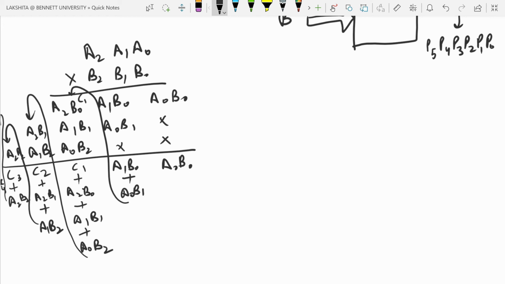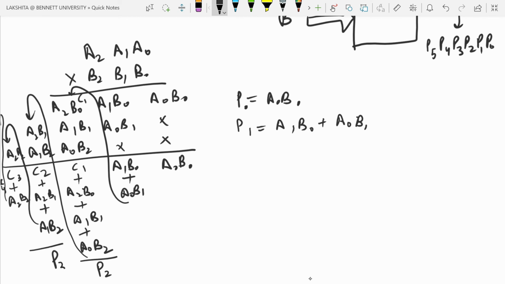So now when we find the values, we get P0 as A0 B0. We find P1 as A1 B0 plus A0 B1. And similarly, this is the value of P2. This is the value of P3, P4 and C4 is our P5.